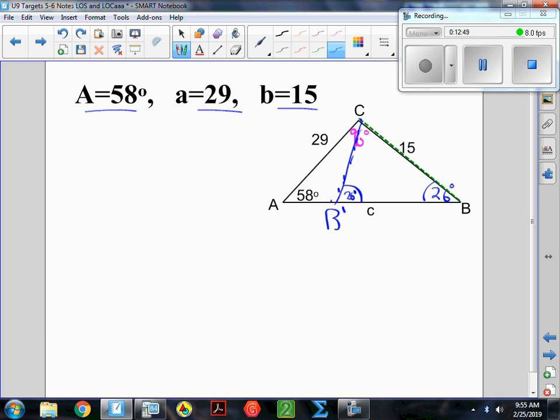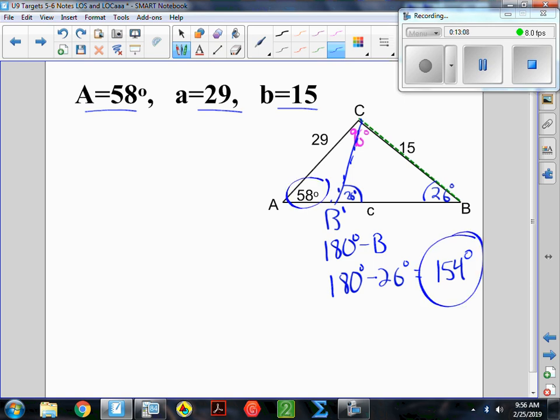And so B prime would again equal 180 degrees minus B. So 180 degrees minus 26 degrees is 154 degrees. So if there was a second triangle, that second angle would have to be 154 degrees. If I take 154 and 58 and add them together, it's over 180 degrees. That means that this angle, 154, cannot exist to form a second triangle because it's too big.